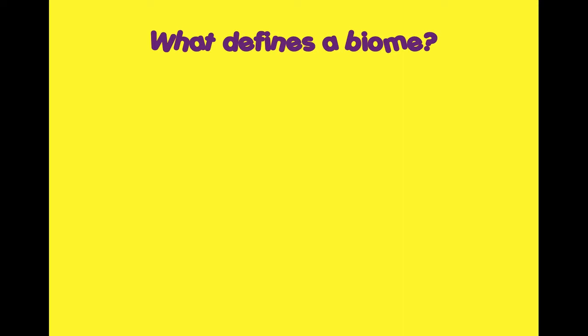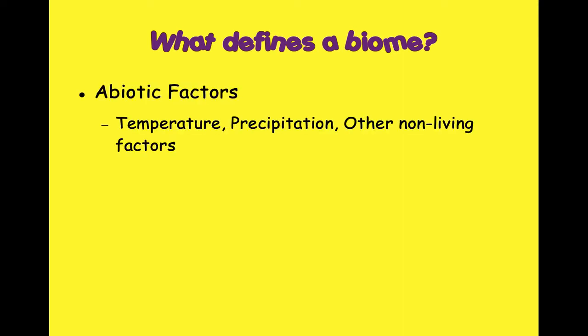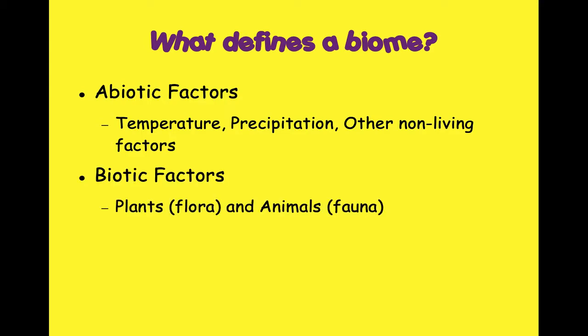So on page 75, you're going to take notes on what defines a biome. You have the abiotic. These are the non-living things such as temperature, precipitation, maybe sand, water quality, air quality, stuff like that. And you have biotic factors. These are the plants, flora, or the animals, the fauna. And so altogether, these will help you determine which biome you live in.